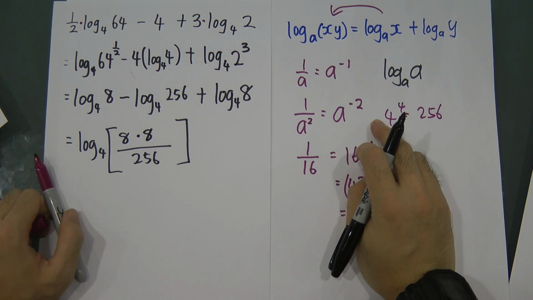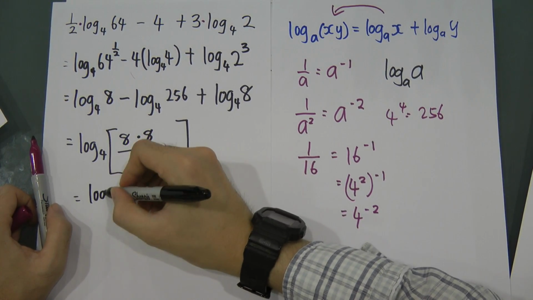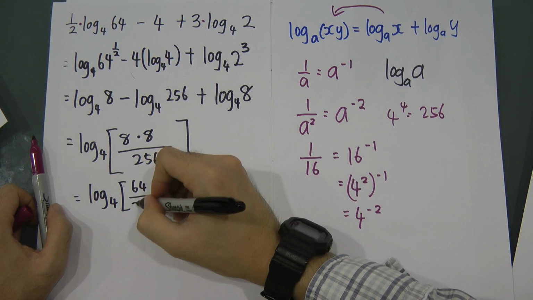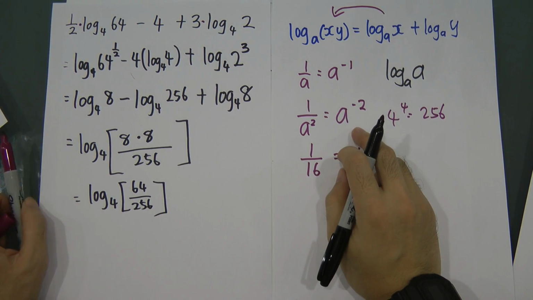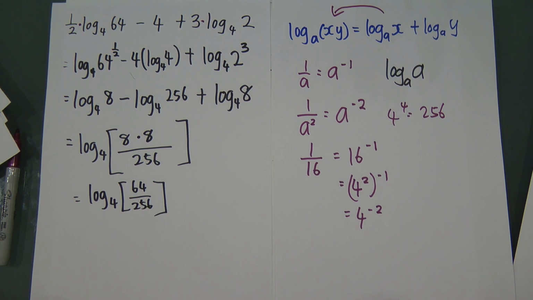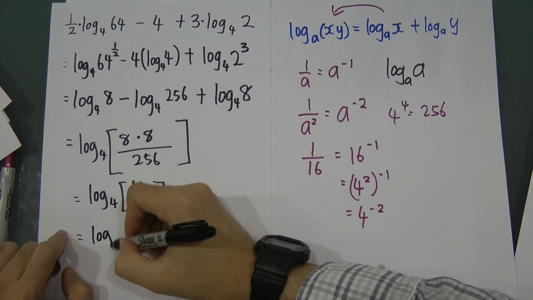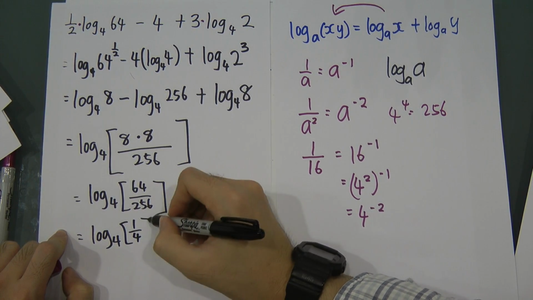Okay, then we do some simple calculation. This one is log 4. This one will be 64 over 256. If not mistaken, 64 over 256 equals, 64 divided by 256. Yeah, you get 1 over 4. So this one becomes log 4 of 1 over 4.